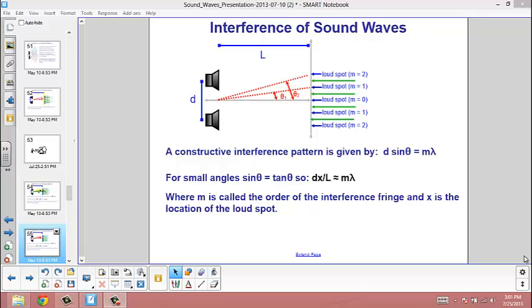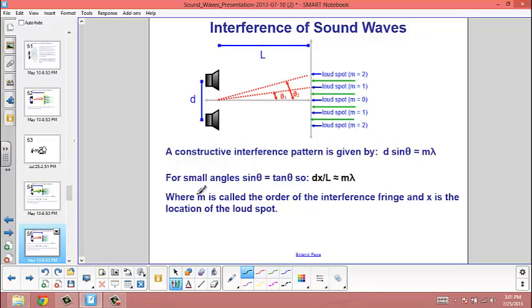Alright, in this slide we're going to explain the value for orders and what they mean, or the M value. So again, the value for M is called the order, and M also corresponds with the number of wavelengths that we're off by. If we're at this loud spot, it's associated with M equals 0.